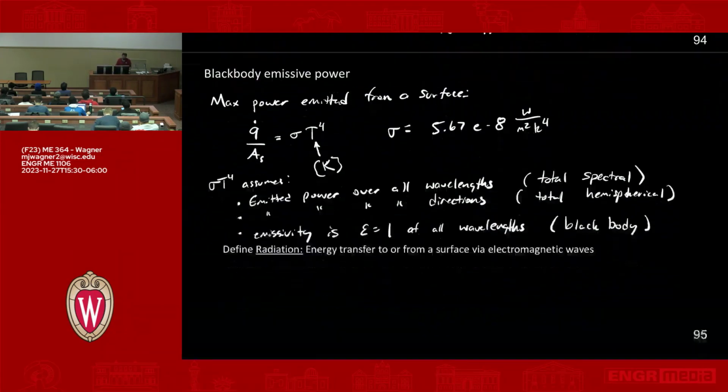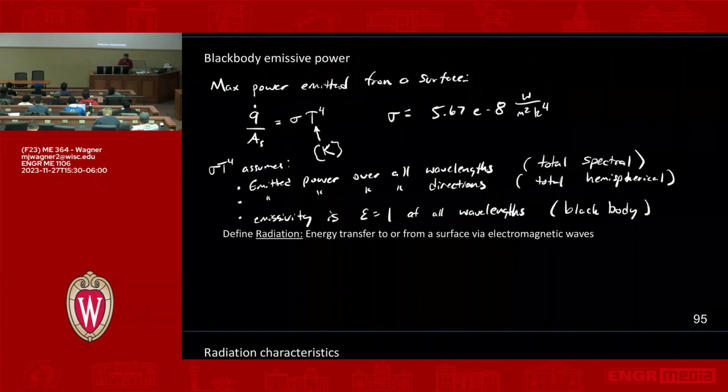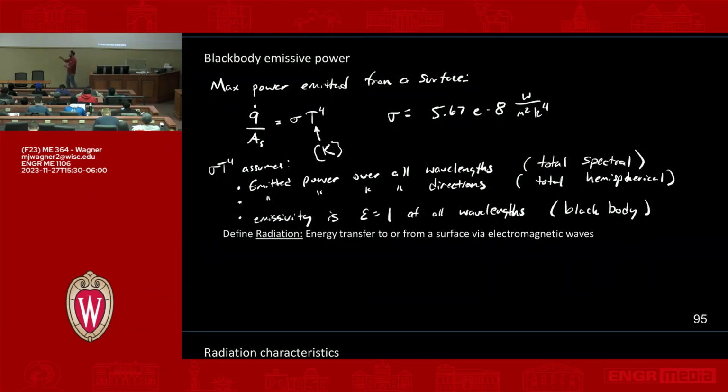Okay, so here's the definition of radiation. Radiation is energy transfer to or from a surface via electromagnetic waves. So this is, like I said, different from conduction, different from convection. You're not moving stuff. You're not transferring from one adjacent thing to the next. It's energy transfer from a surface via light waves, and it can propagate as far as light can propagate.